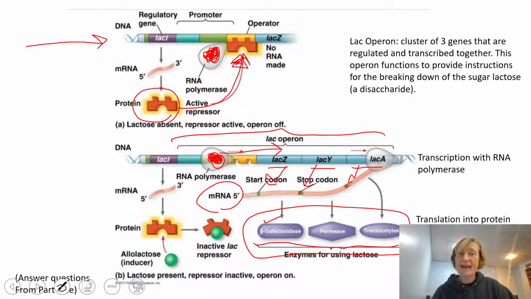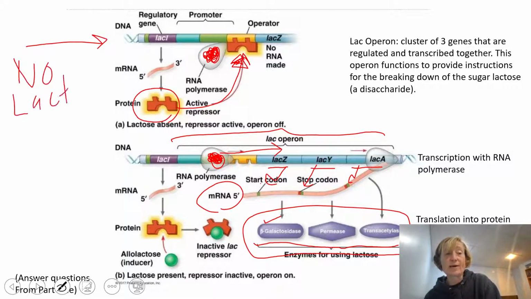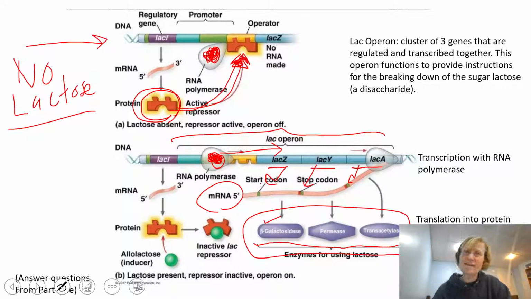But when there's not lactose, the whole operon is shut down, and we don't make those enzymes. That's what's showing in part A here, no lactose. When there's no lactose, the repressor can bind to the operator and prevent transcription. And that's adaptive, right? If there's no lactose around, why make these three enzymes?